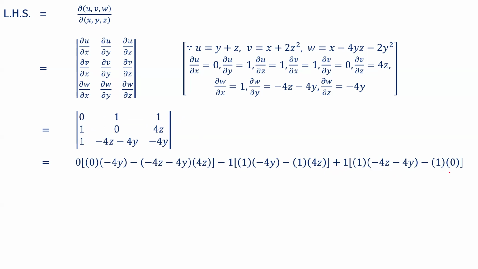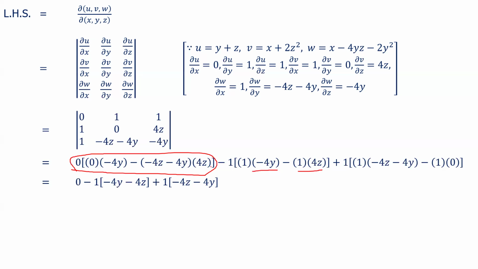Let us simplify it. This total term will become 0 because it is multiplied by 0. So the first part is 0. Second part, this minus 4y minus 4z, and again we have the minus sign. So let us write minus 4y minus 4z. Now here minus 4z minus 4y, and it is 0.